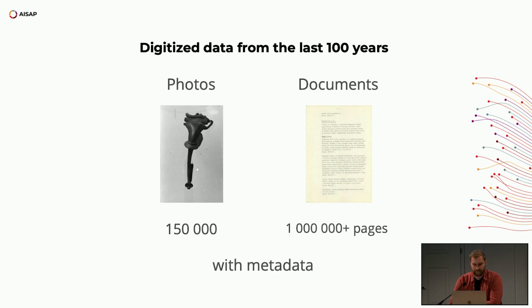These data come with some metadata like author, the time when it took place, geolocations, etc. So the first step was to digitize these negatives and kinofilms of photographs into JPEGs or TIFFs, and also digitize the old documents into photographs.